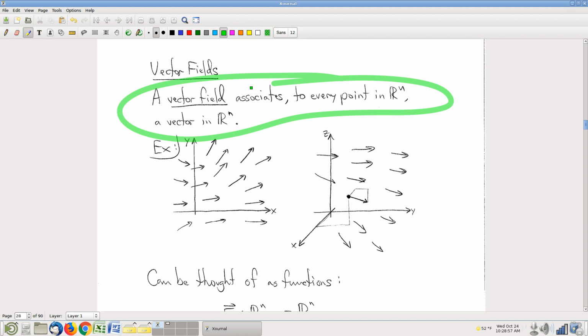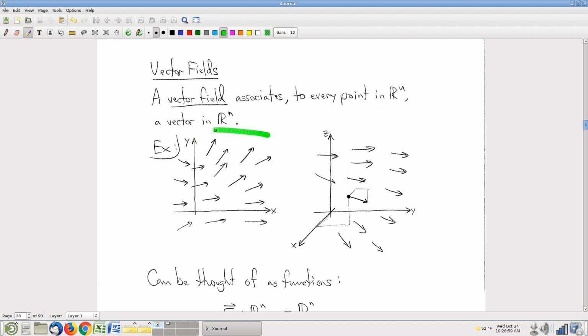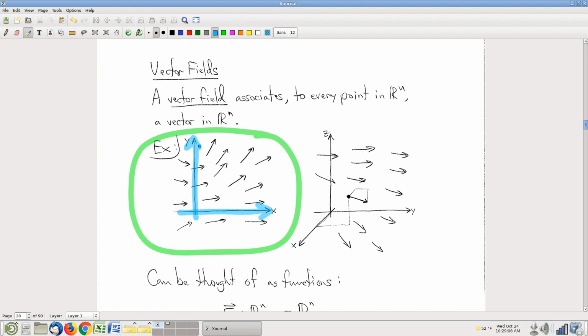Right, so an easy example. This is a vector field in R2. So notice we're in R2 because there's an x-axis and a y-axis. This is not in three dimensions in any sense. That is a vector field in R2 because for every point, for every location, keep in mind points are locations, we're associating to that point a vector, and I'm associating the vector at that point by drawing it with its tail at that point.